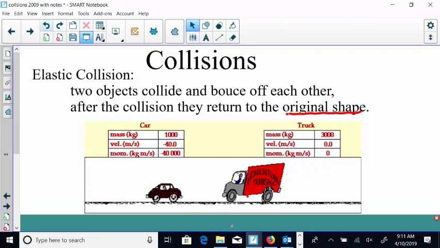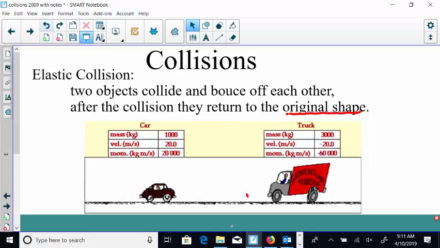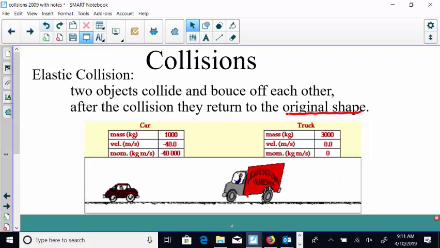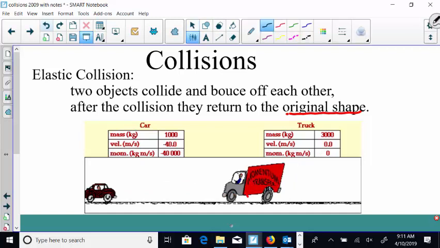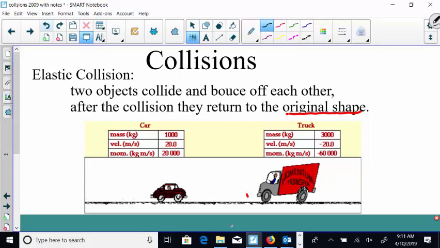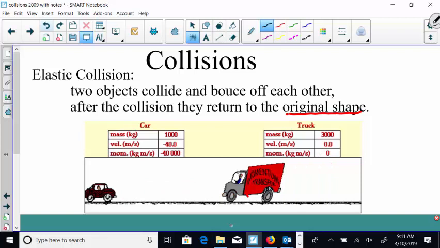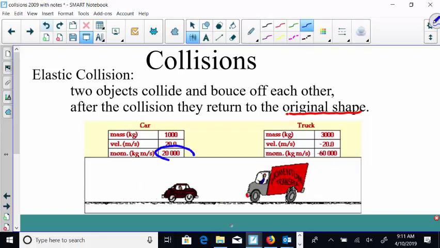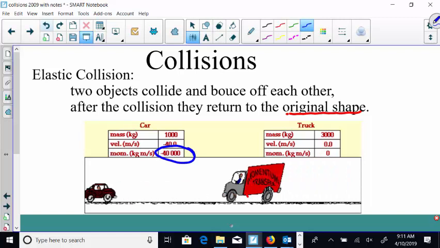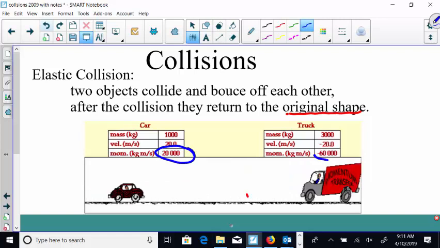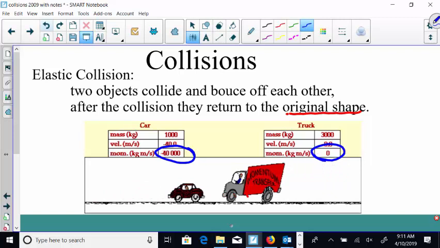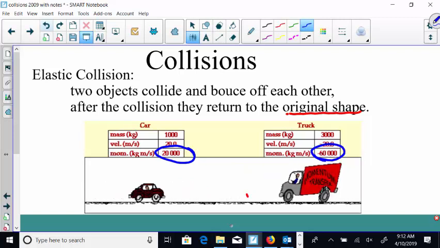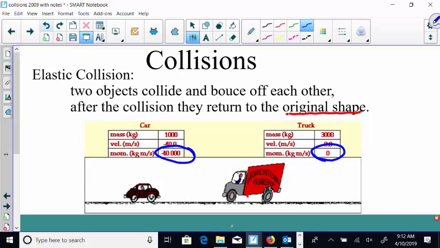So, you can see that if you look at the total momentum in this particular object before the collision and the total momentum after the collision, the total momentum before here is 20,000 and before here is minus 60,000. You just have to pay attention to the direction, that's why the 60,000 is negative.